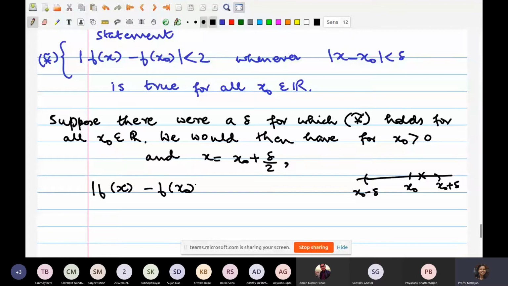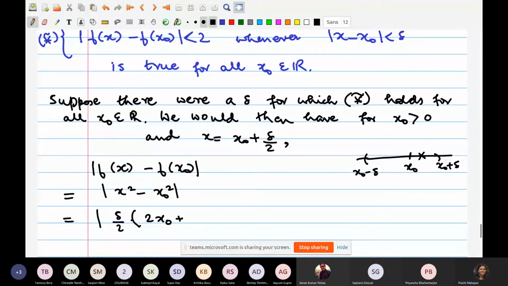Let's compute f of x minus f of x naught. The function f sends x to x squared, so this is x squared minus x naught squared. Now x we have chosen to be x naught plus delta by 2. So this is x minus x naught, which is delta by 2, times x plus x naught, which is 2x naught plus delta by 2.